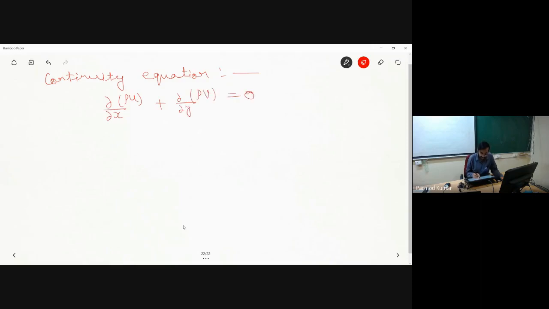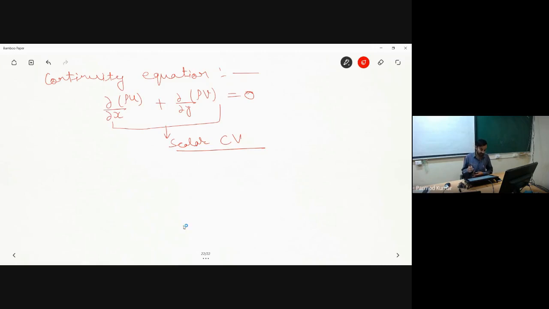Now in this continuity equation, when we substitute our pressure correction terms, we will finally find that this equation takes the form of our pressure correction equation. So while discretizing this continuity equation, we will discretize it over our scalar control volume.